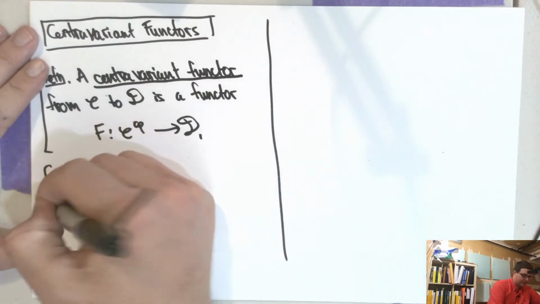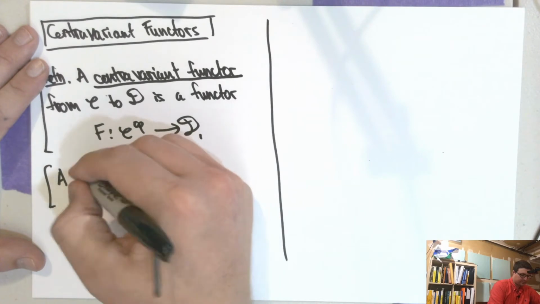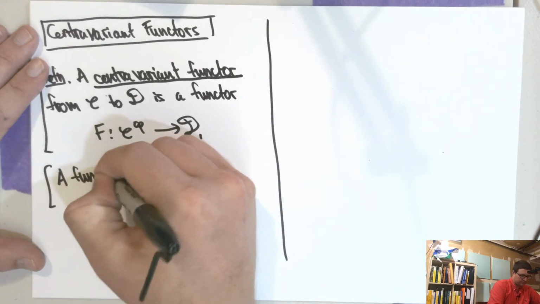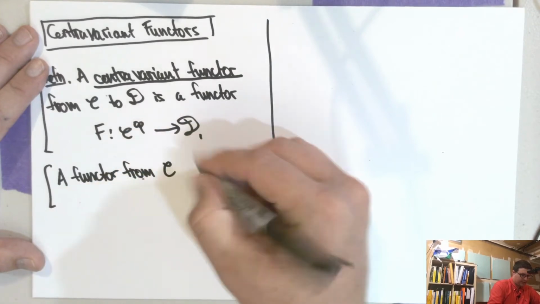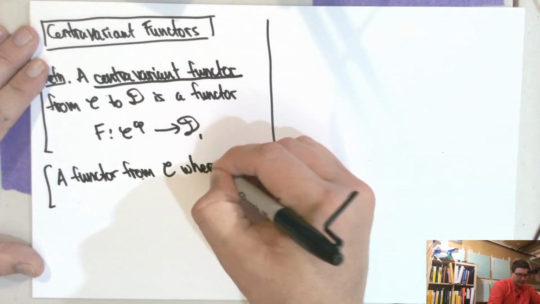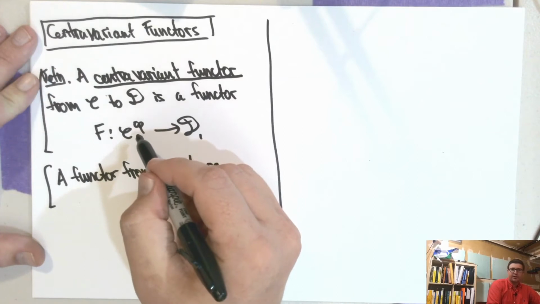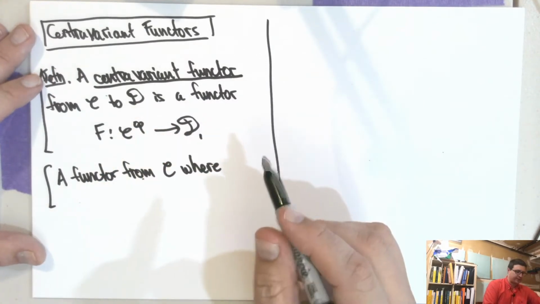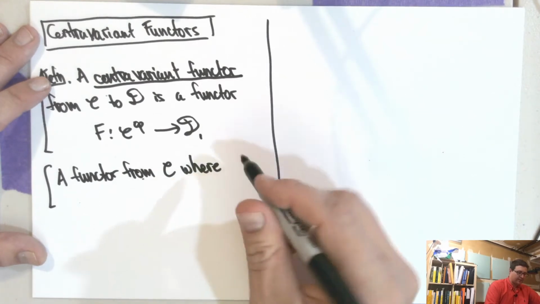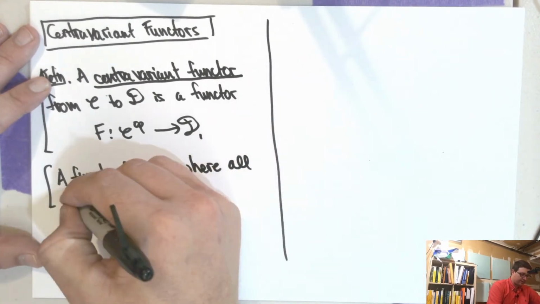The trick about the opposite category is that you pre-flip them and it makes the notation cleaner. So it's a functor from C where all the arrows get flipped.